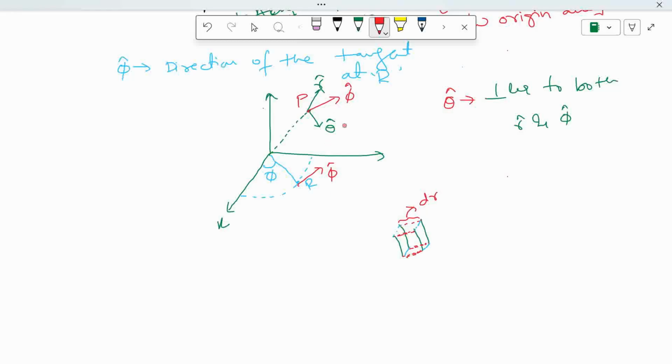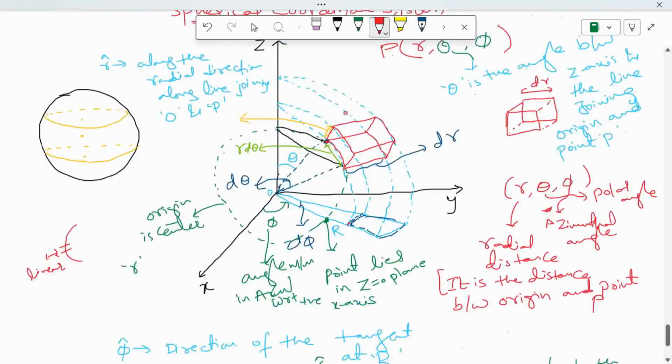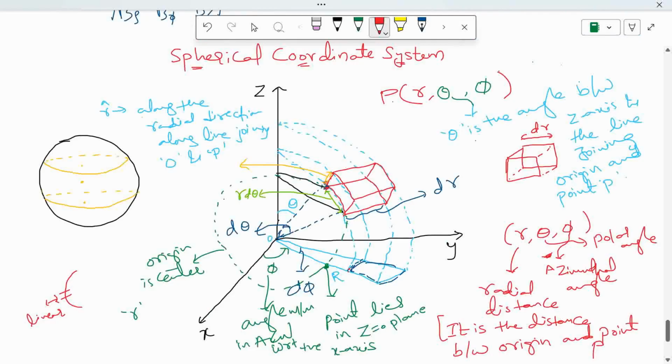Now let's see the green part. The point P is at a distance r. This is at r and this is also at r, because if we consider a circle passing through this, it is at r and also at r, making an angle d theta between them.